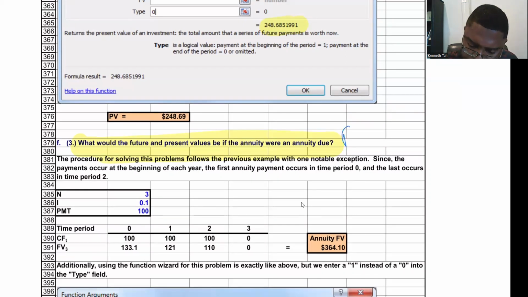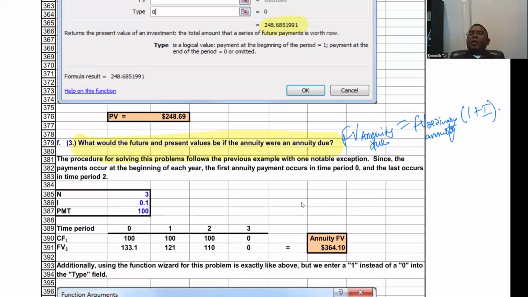So the future value of an annuity due is going to be the future value of an ordinary annuity, then times 1 plus I, which is an additional compounding.